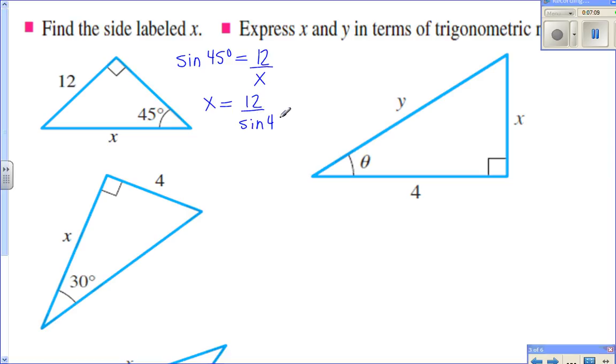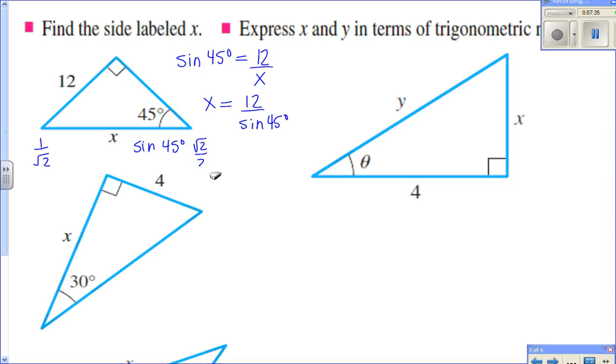Now we know what the sine of a 45-degree angle is. We always call sine of 45 the square root of 2 over 2. It's actually 1 over the square root of 2, but again, we can't have the square root of 2 in the denominator, which we worked through, so instead we have to multiply everything times the square root of 2, which is how we get the square root of 2 over 2.